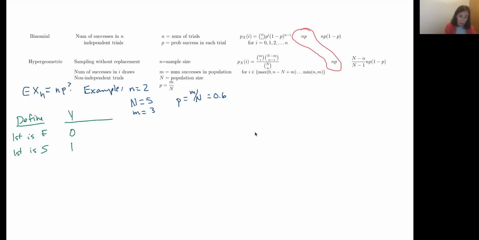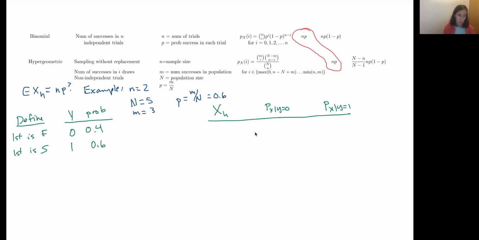So just finishing up our PMF for random variable Y, the probabilities of that are, well, the probability that the first draw is a success is just our 0.6, and the probability that it's a failure is 0.4. Okay, fine, that's all good. The reason why I'm defining Y is I want to now write down the conditional PMFs for X, depending on Y equals 0 and Y equals 1.